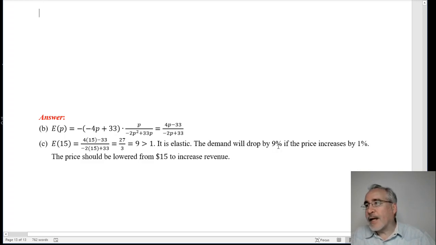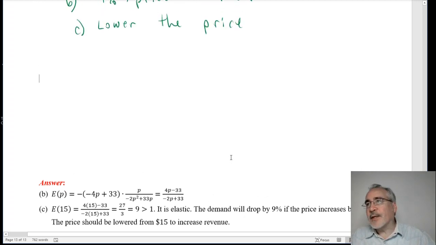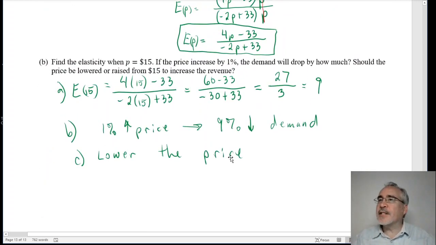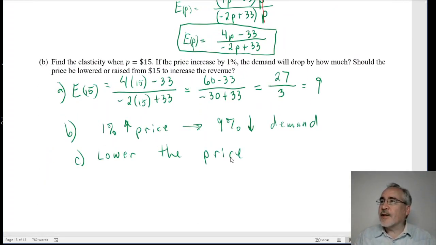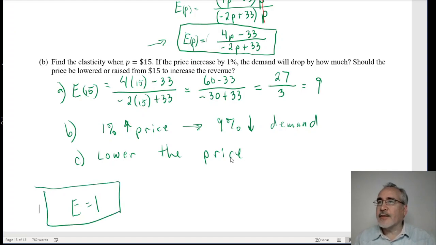The demand's going to drop by 9%, and we need to lower the price. How much? Well, if we needed to answer that question again, remember, we just start with this demand function right here, and we would say E equals 1 and then solve for P. That would tell us the price to maximize.